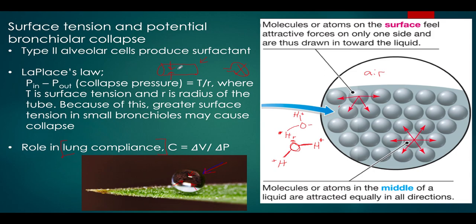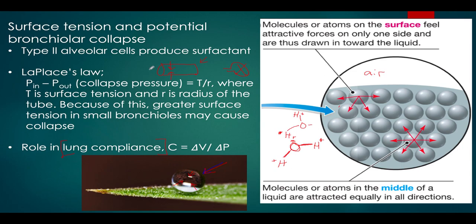So the bronchioles actually collapse before the alveoli, which confirms the fact that we should use Laplace's law to explain this potential for collapse and the more important reduction in, or increase, if you will, in compliance due to surfactant in the bronchioles. Okay, so yes, alveoli make surfactant, and it's important at reducing surface tension there.